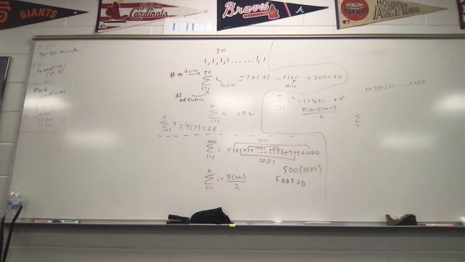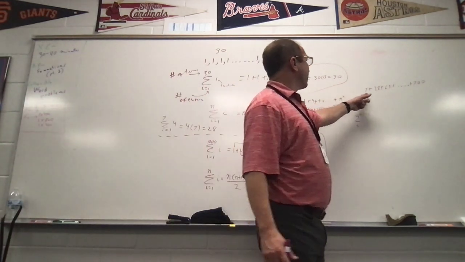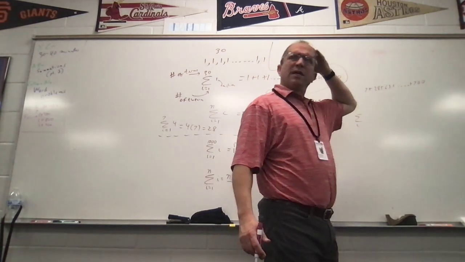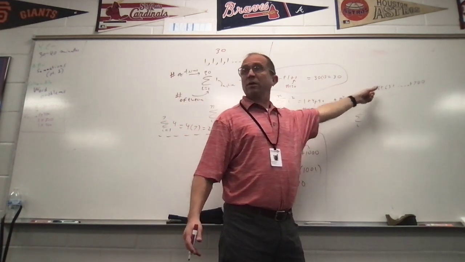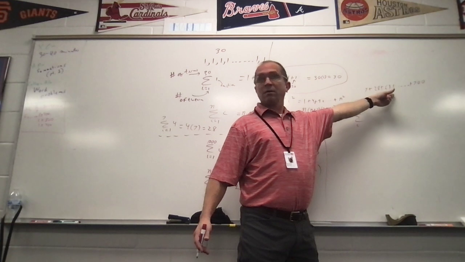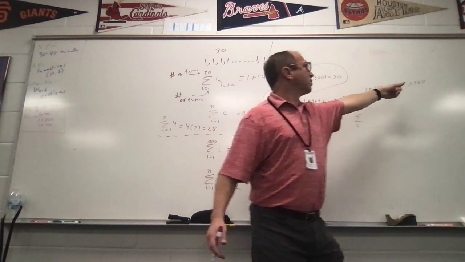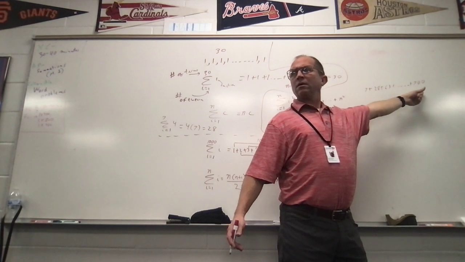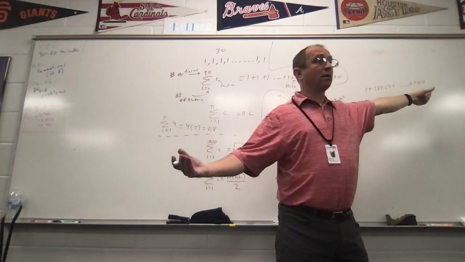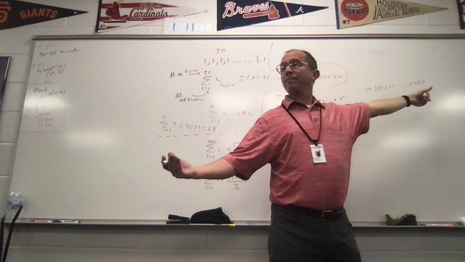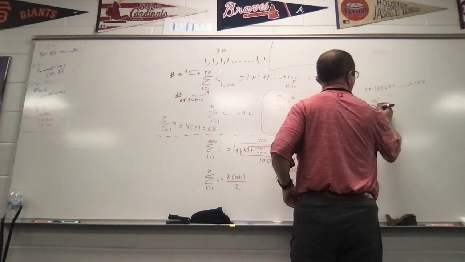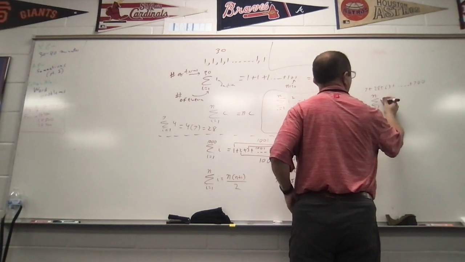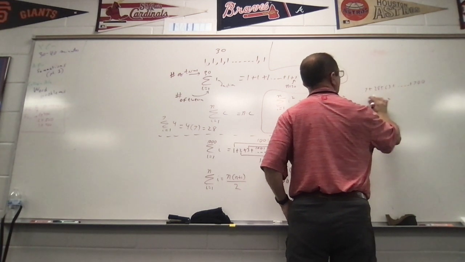Well, how do we come up with 7? How do we come up with 28? How do we come up with 63 here? Okay, so this will be 7 times 1 squared, 7 times 2 squared, 7 times 3 squared. What would this last term be? 7 times 10 squared. Is everybody okay with that? Okay. So we could say this is i equals 1 to 10 of 7i squared.